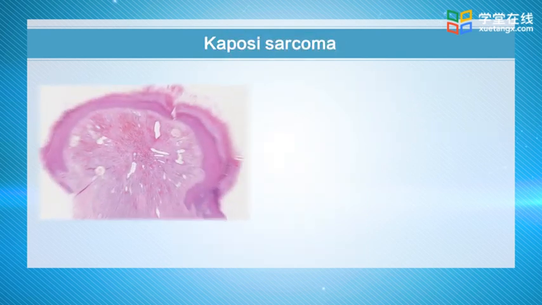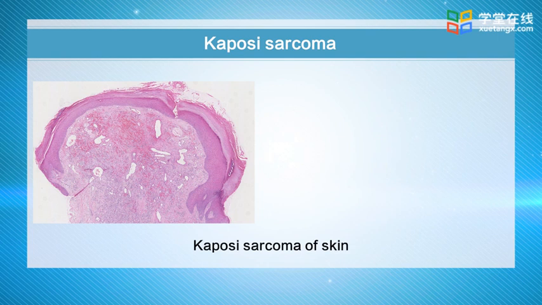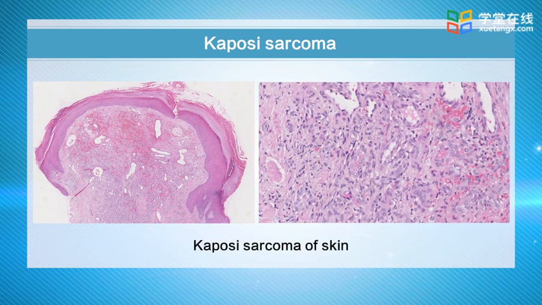For example, in HIV-infected individuals, Kaposi sarcoma is usually widespread, affecting the skin. Morphologically, Kaposi sarcoma is characterized by a proliferation of spindle-shaped cells that express markers of both endothelial cells and smooth muscle cells.